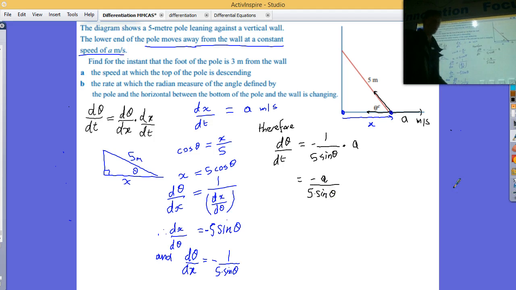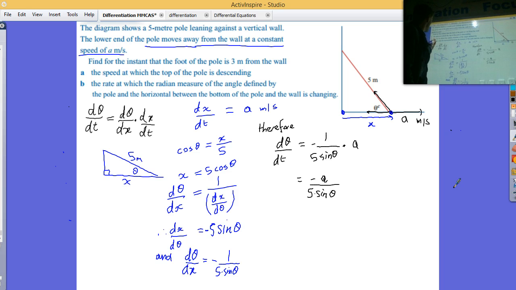Okay? Now I don't have an actual value yet. I don't have a numerical value in its simplest form. I need to try and figure out, well, what angle do I get at the instant that the question's about? And I have to come back to the information.